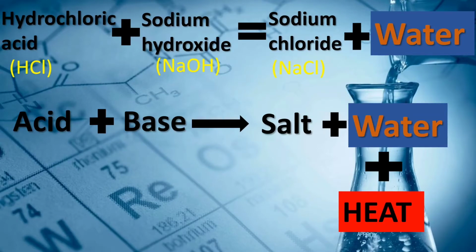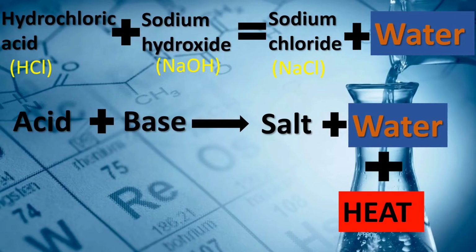Three things are formed when an acid and base react, that is salt, water and heat. Now here salt doesn't mean that it is common salt only. Yes, when HCl and NaOH, that is hydrochloric acid and sodium hydroxide, react, it forms sodium chloride, that is common salt.